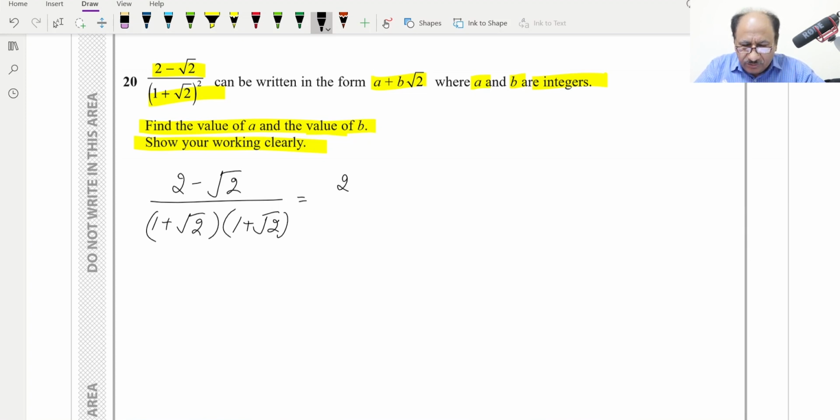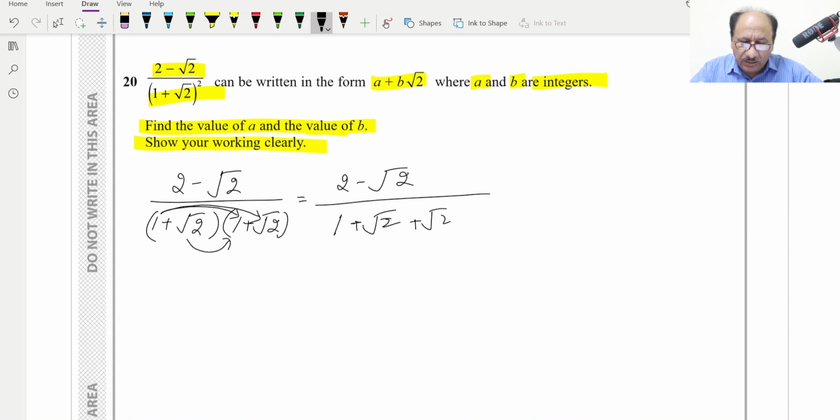So we will write it as 2 minus under root 2 over 1 multiplied by 1. 1 multiplied by 1 will be 1, then 1 multiplied by under root 2 will be plus under root 2, and then this will be plus under root 2 again, and then under root 2 multiplied by under root 2 will be plus under root 2 square, which is 2. This can be written as 2 minus under root 2 over 3 plus 2 under root 2. This will be our simplification.